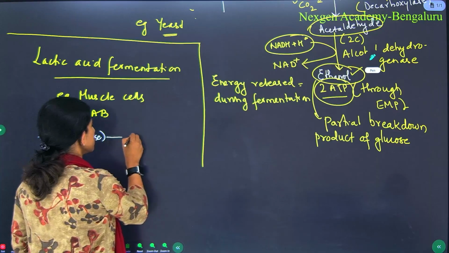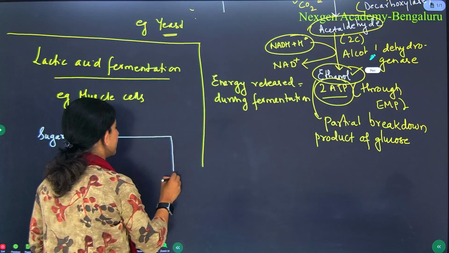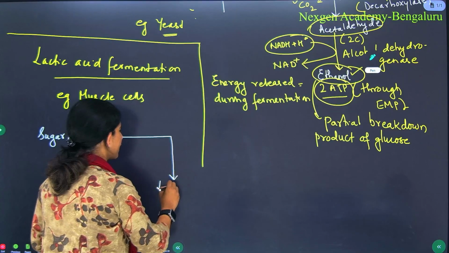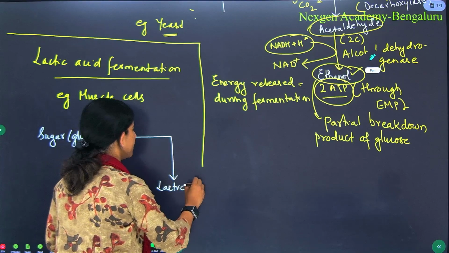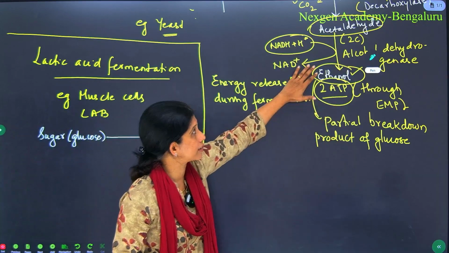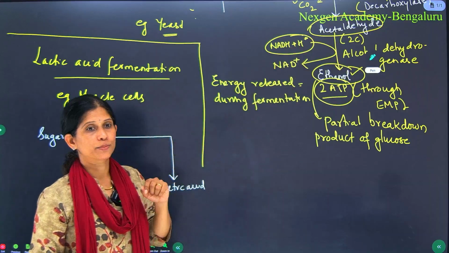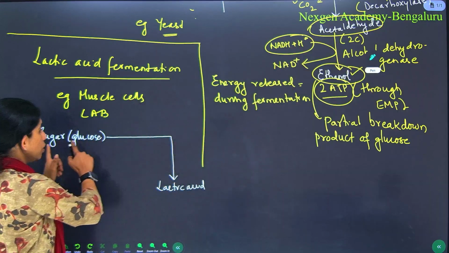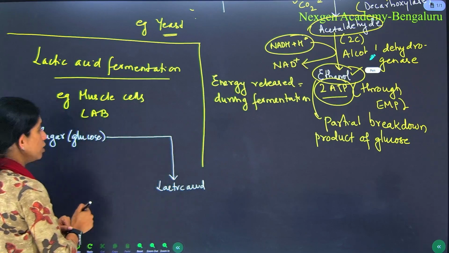So glucose will be directly converted into lactic acid. See here, there is nothing intermediate, as compared to what we studied before, where acetaldehyde is produced in between. So glucose is directly converted into lactic acid.